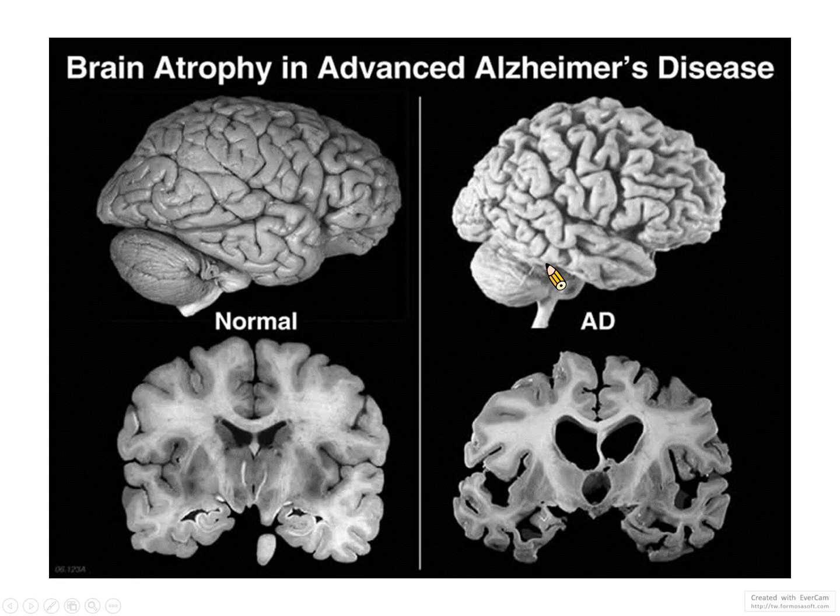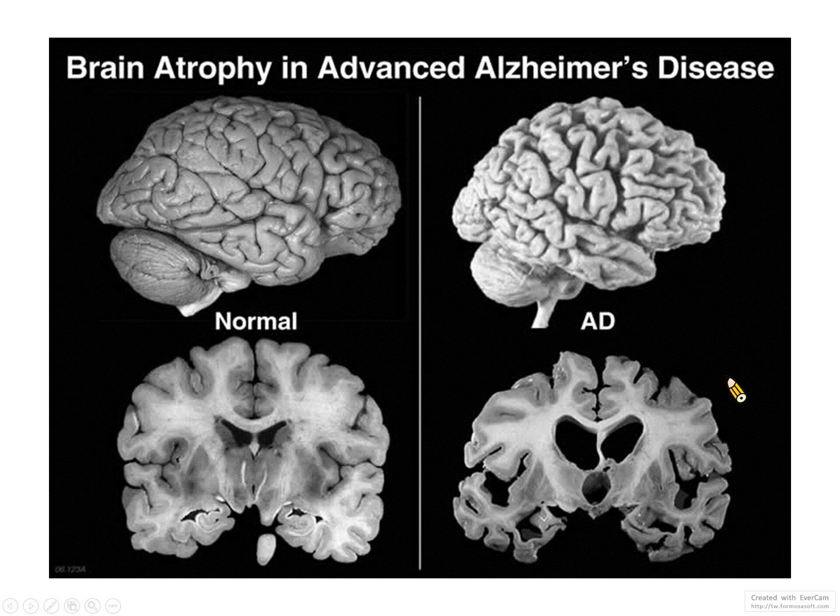And there has been quite a lot of evidence that there is brain atrophy in advanced Alzheimer's disease compared to normal aging. This is from postmortem studies, showing a brain from a patient with Alzheimer's disease and a brain from a normal aging person.